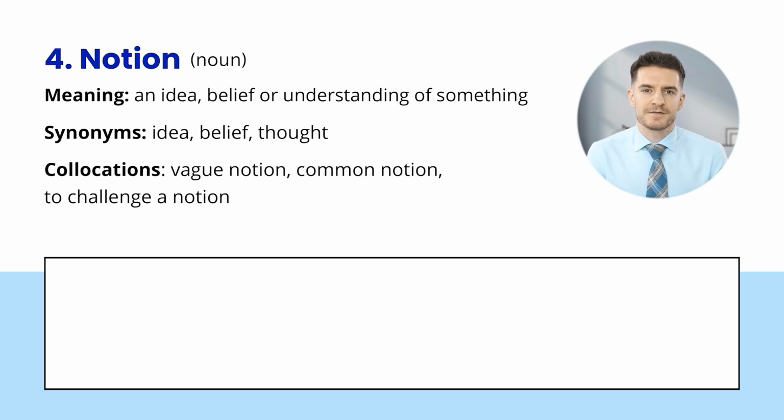If something is a vague notion, it's not very clear. Common notion. If something is a common notion, it's an idea that most people probably know or most people are probably aware of. To challenge a notion. If you challenge a notion or you challenge an idea, you question whether that is 100% true or accurate.